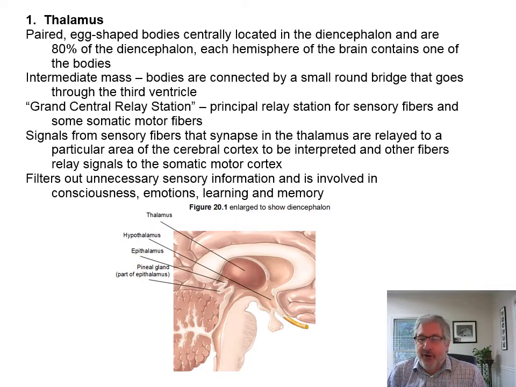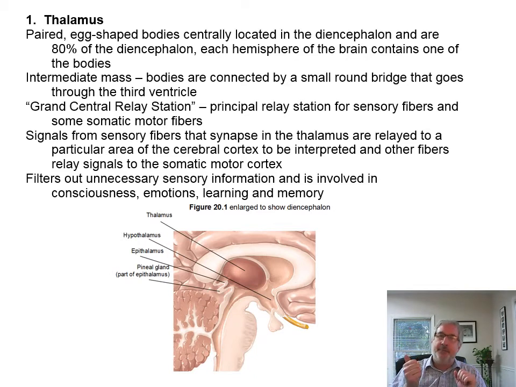It's referred to often as the grand central relay station. It is the primary relay station for sensory fibers and for some motor fibers going out. For a lot of sensory information coming in, it goes to the thalamus, and the thalamus then decides, in quotes, where that sensory information is going to go in the cerebrum.